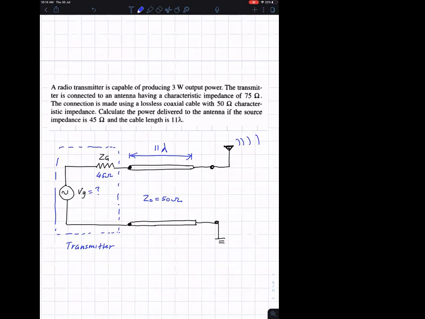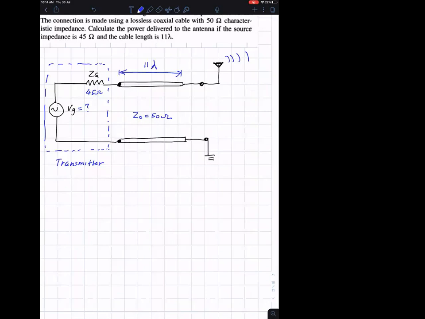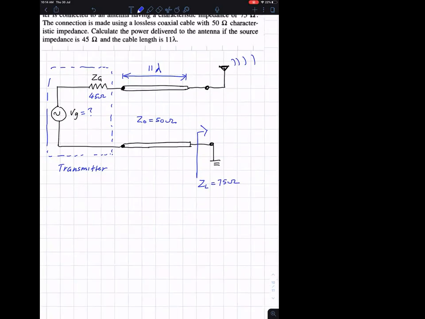The characteristic impedance of the antenna is 75 ohms. That means the transmission line is feeding the antenna. You can look at this antenna as your load, which is 75 ohms. So that's power coming in. Available power, P in, is 3 watts.